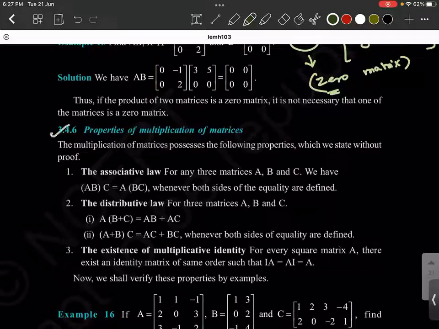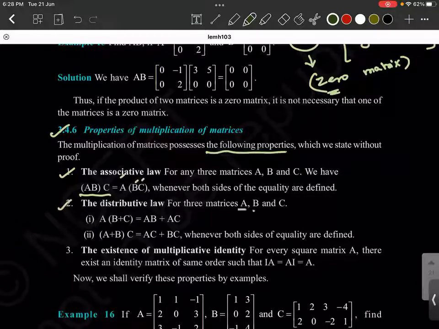Then the properties of multiplication of matrices. The following are the properties which matrix multiplication possesses. First one is called the associative law. You first multiply AB, then multiply it with C. It is the same as multiplying BC, then multiplying A with the product of B and C. Second is the distributive law.